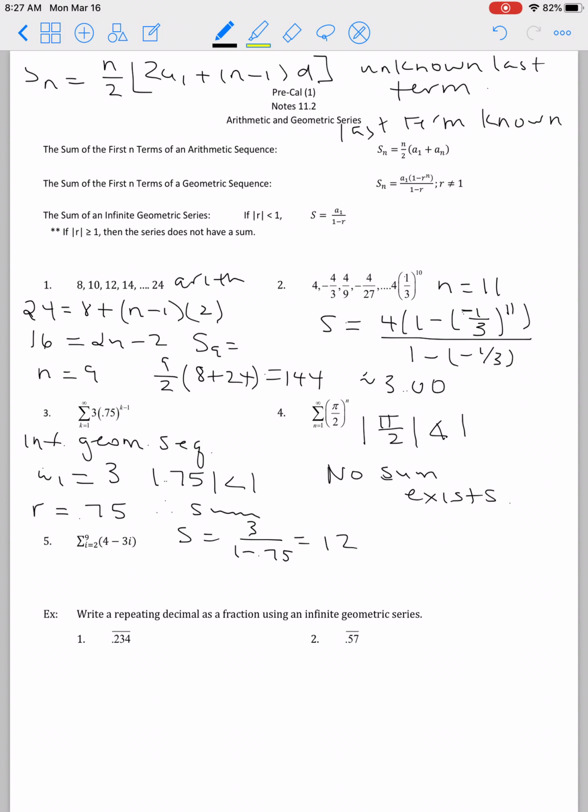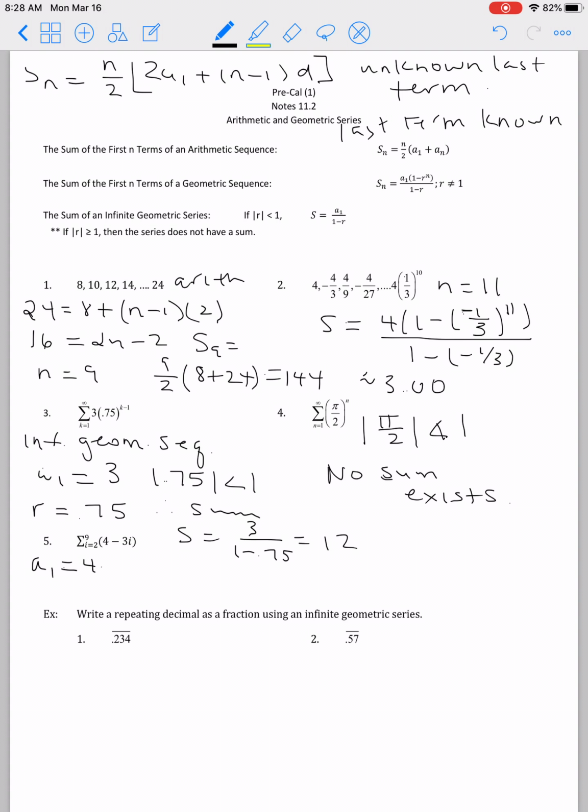Okay. Now, the next thing we're going to do is look at this next one. This is an arithmetic sequence, and we're going to find what we need before we plug into the formula. So we need the first term, so a sub 1.